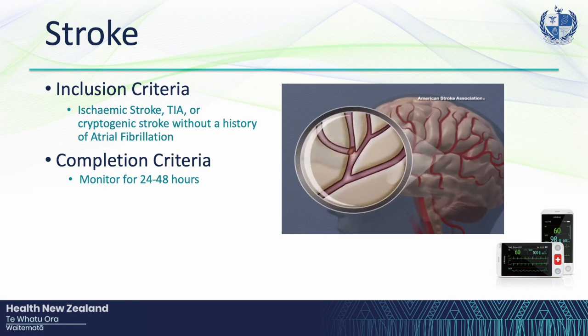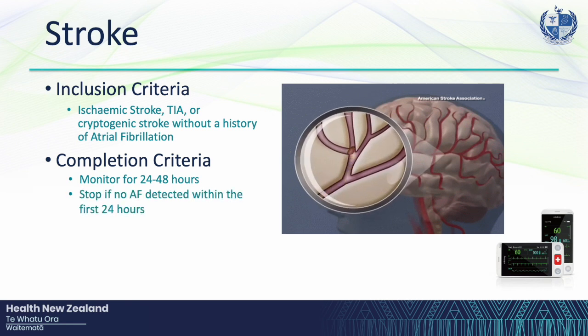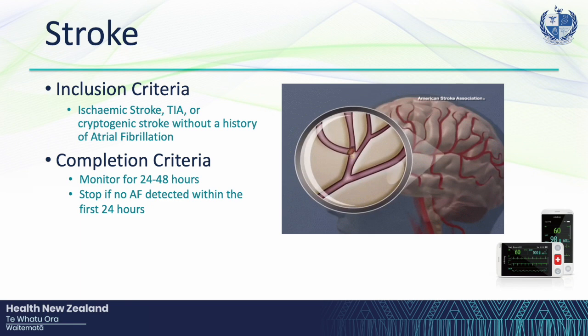Monitoring should be maintained for 24 to 48 hours after the event to detect AF or other arrhythmias. If atrial fibrillation is detected within 24 hours, monitoring should be stopped and appropriate management should be initiated. AED support is not typically required unless the patient has a significant cardiac history or ongoing arrhythmic risk.